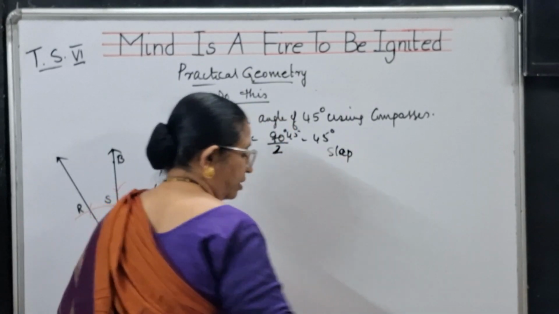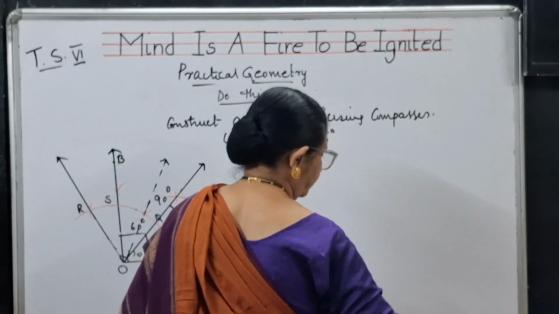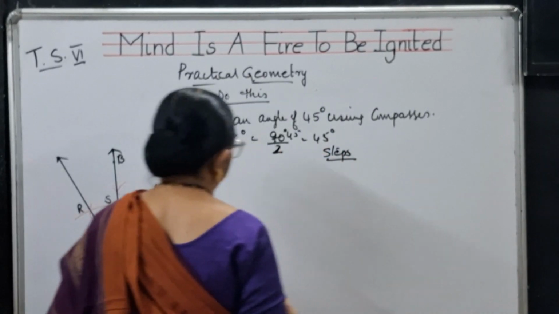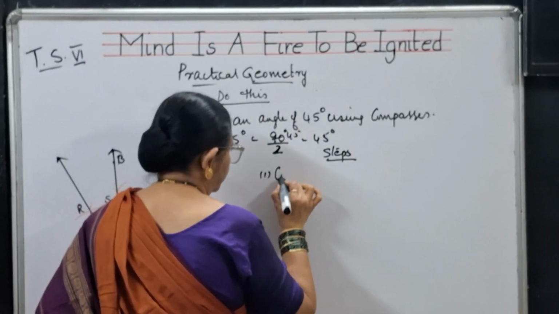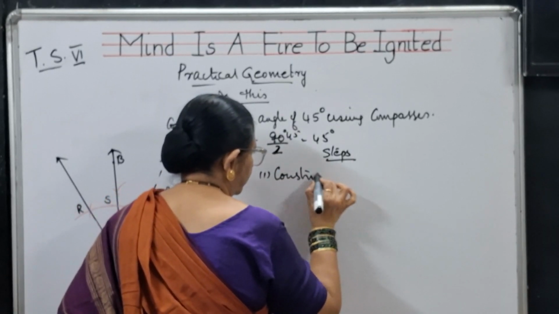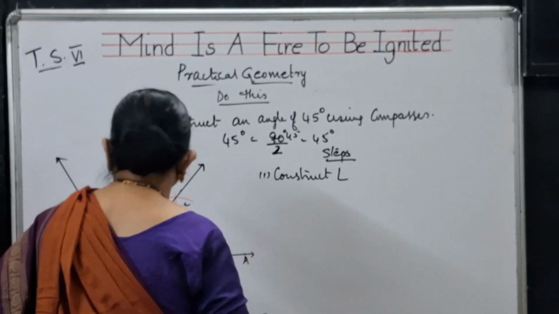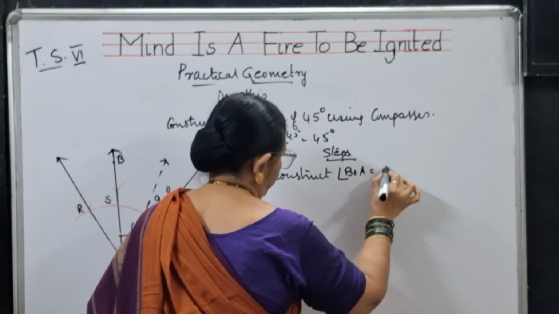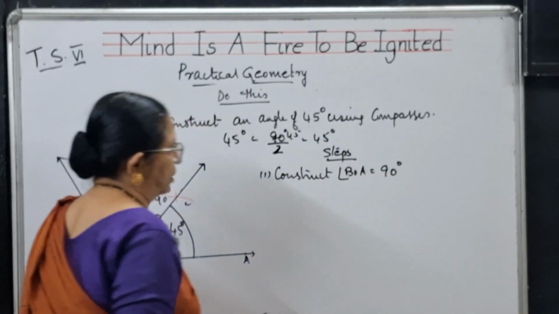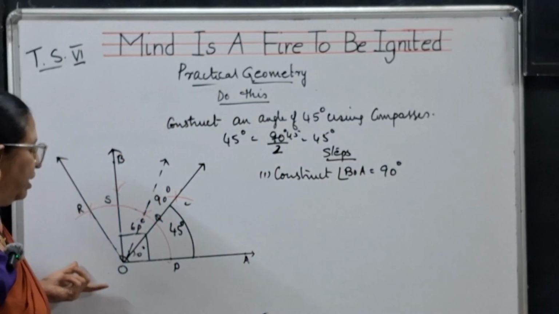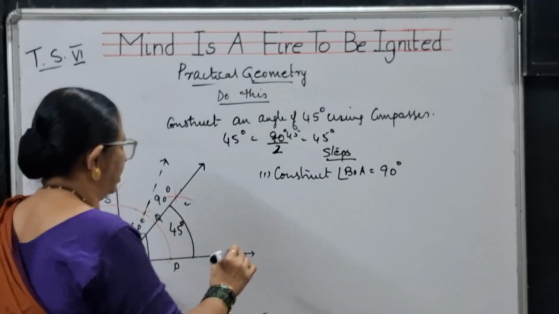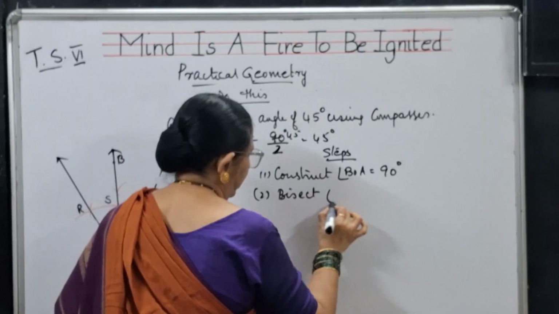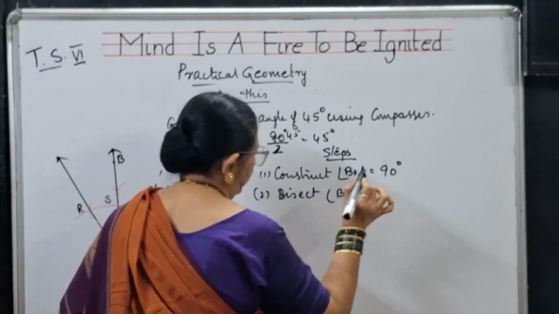So how are you writing the steps? Steps of construction. First, what you will do, you have to construct angle BOA is equal to 90 degrees. How it has to be done, already we have done earlier. Now, second point, bisect angle BOA.